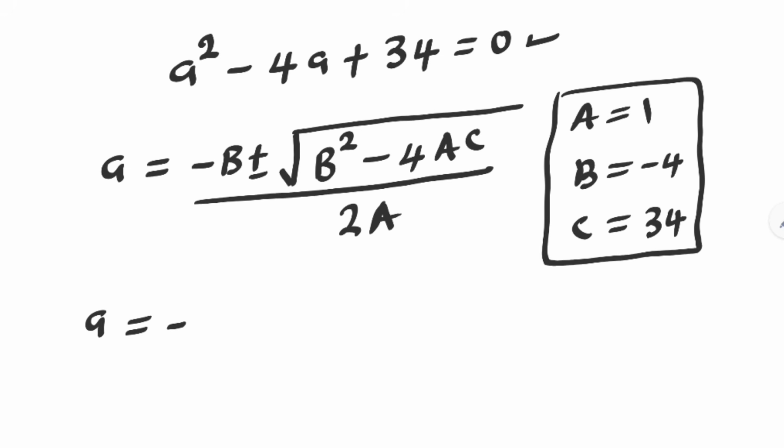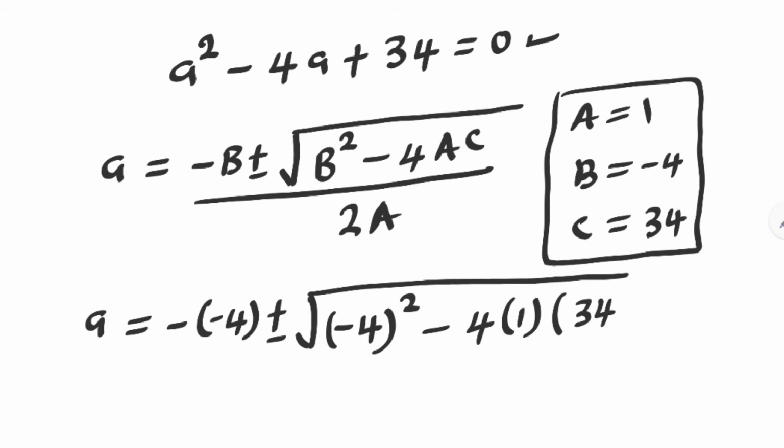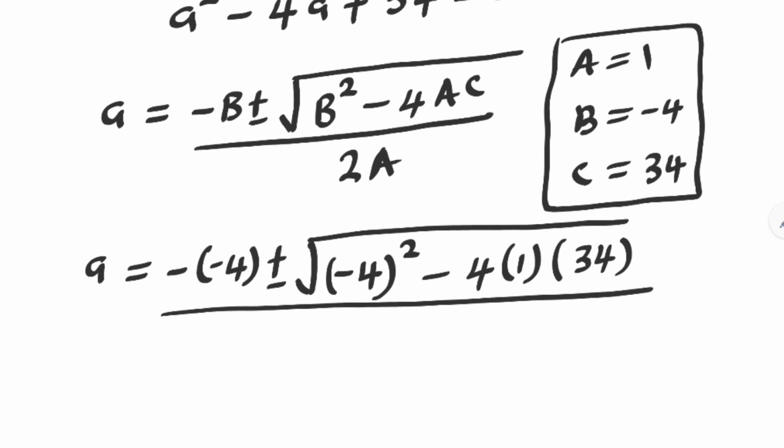A is equal to minus bracket minus 4 plus or minus square root of minus 4 square minus 4 multiplied by 1 multiplied by 34, divided by 2 multiplied by 1.